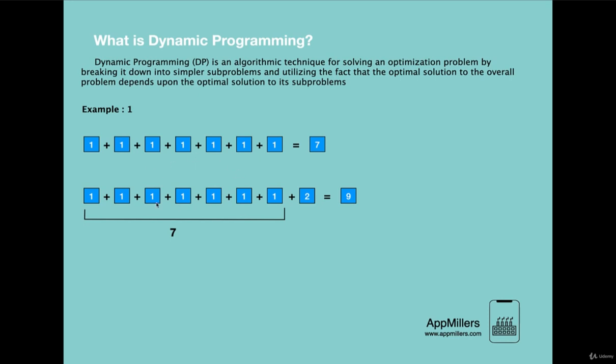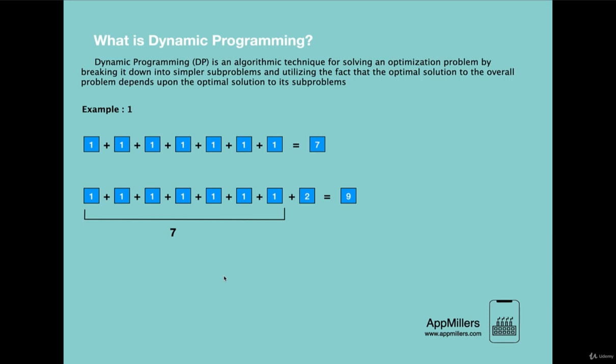9. So instead of adding these numbers one more time together, we are just remembering the answer from the previous problem and adding 2 to this answer. So this is the smart way of solving problems like this. Now in case of dynamic programming, we are also doing the same thing, in which we remember the problem's answer, and when we encounter the same problem next time, instead of solving it, we simply use the answer that we got before.